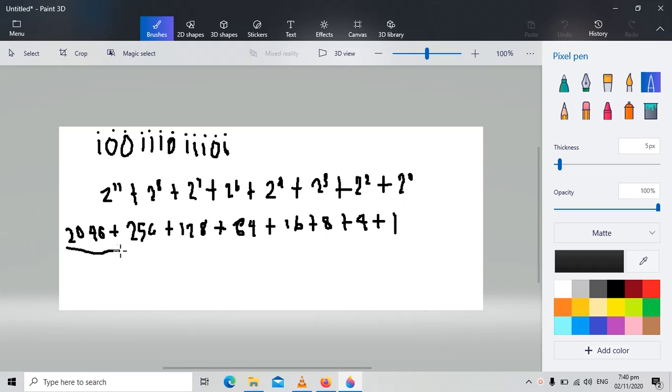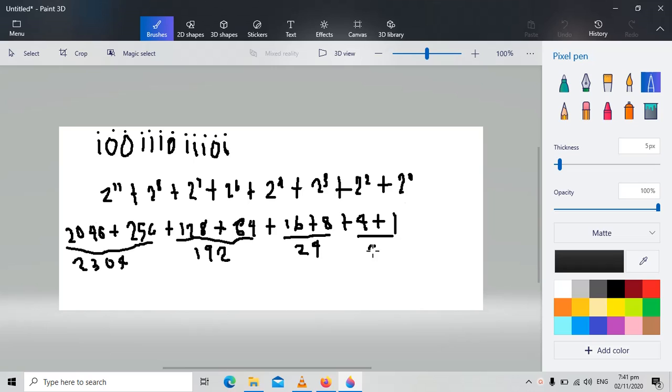So 2048 plus 256 equals 2304. 128 plus 64 is equal to 192. 16 plus 8 is equal to 24.